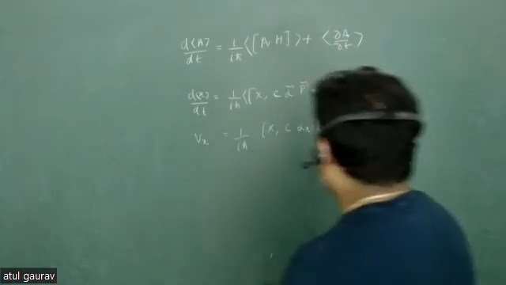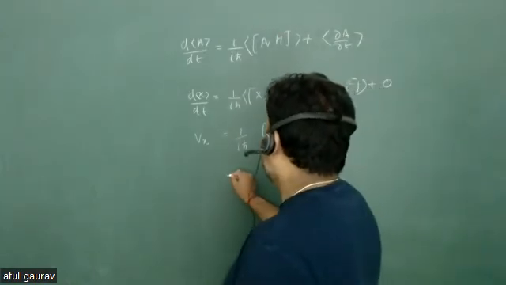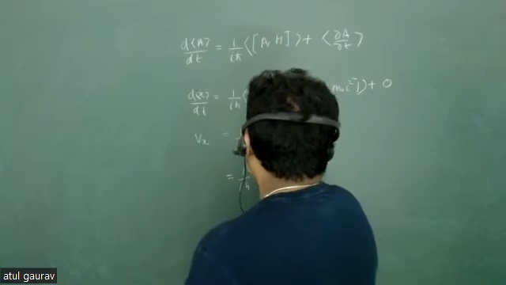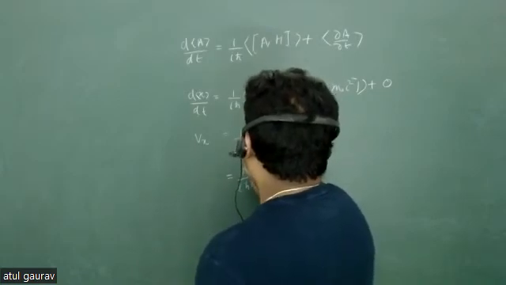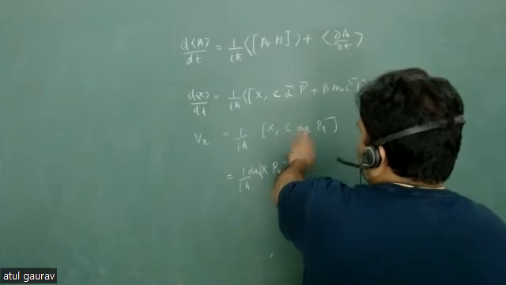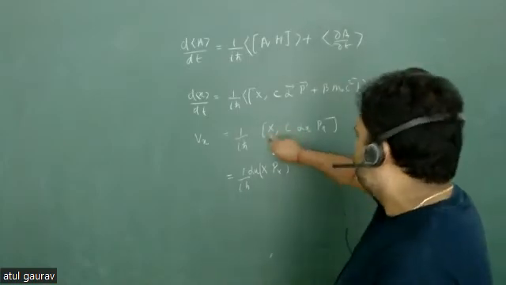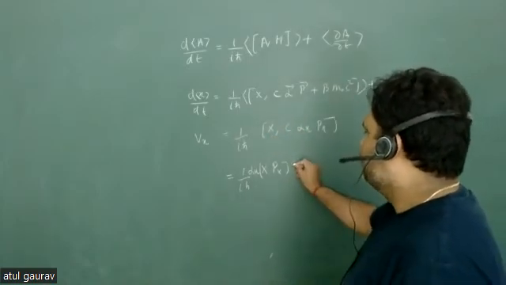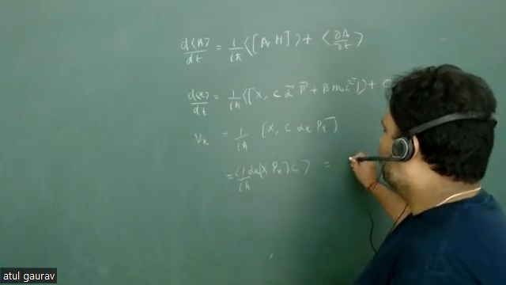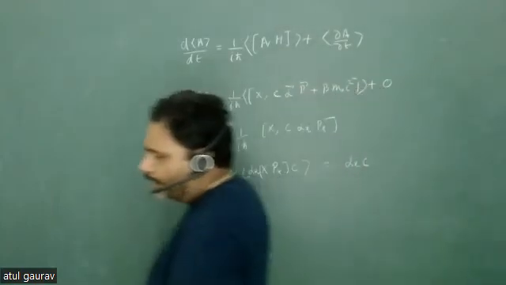All other terms are 0. X commutes with alpha x because it is an identity type of matrix, so you can write c alpha x outside. What is the commutator of X and Px? iħ. So the value is alpha x c, the velocity of your free particle in the X direction.